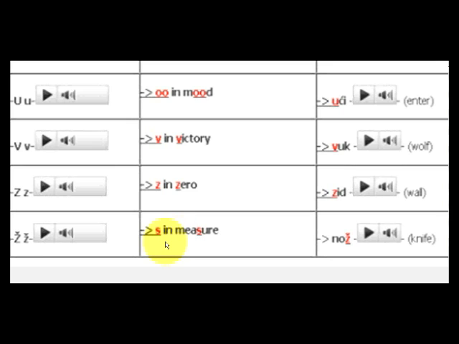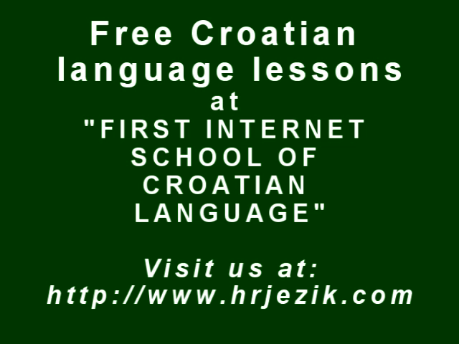In English, in the word measure, S-U-R-E produces a similar sound to letter Ž in Croatian. Measure. This one's a little bit stronger. Ž. Nož.